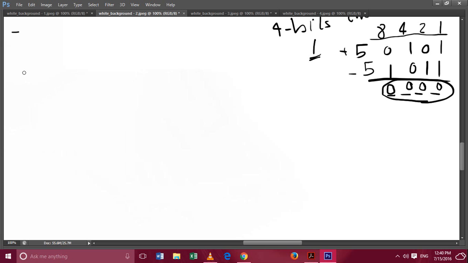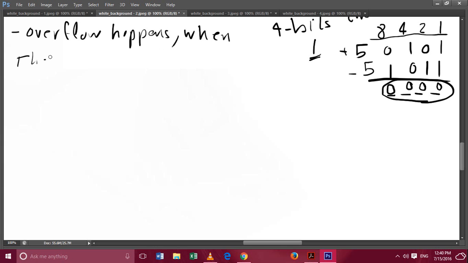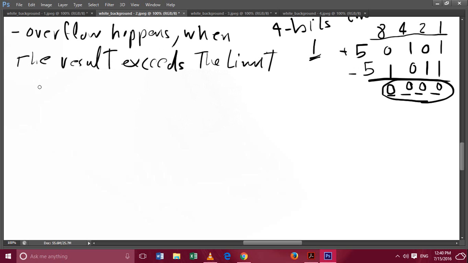It states that an overflow occurs, or happens, when the result exceeds the limit of representation.